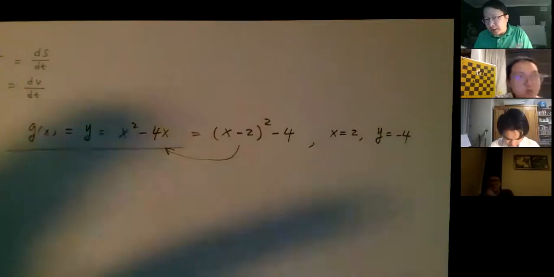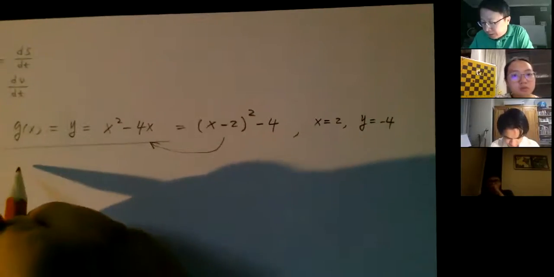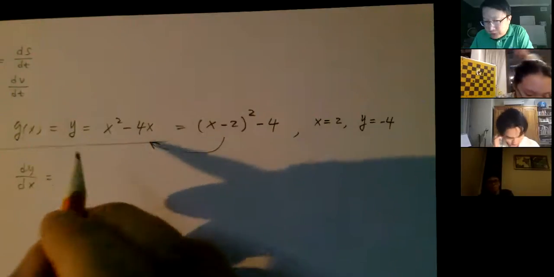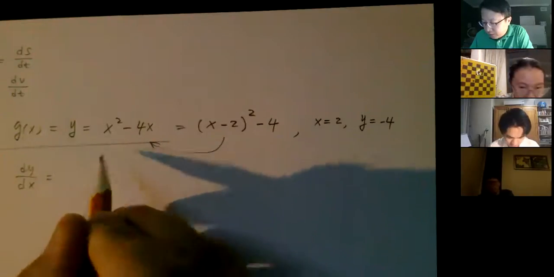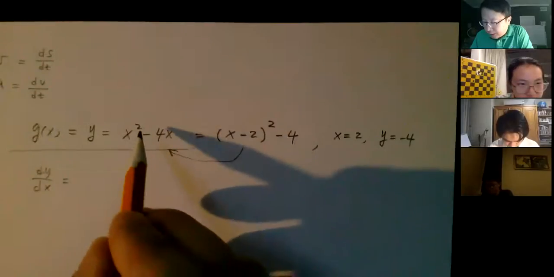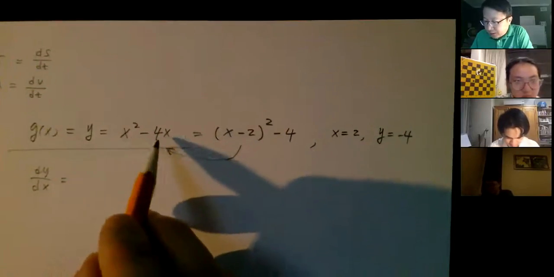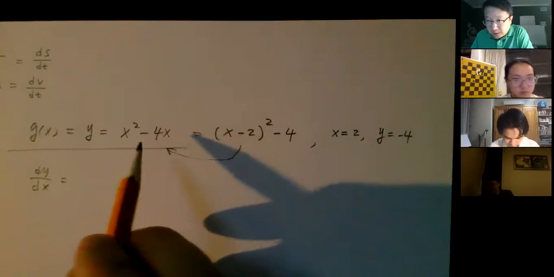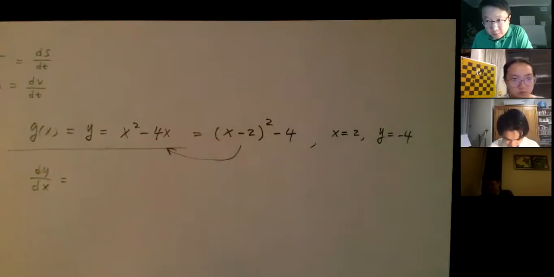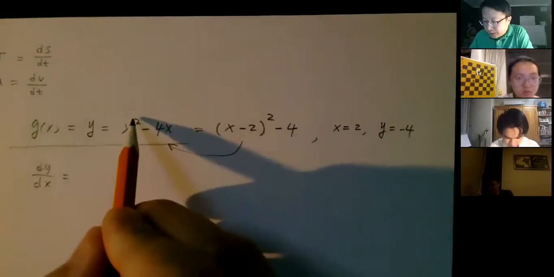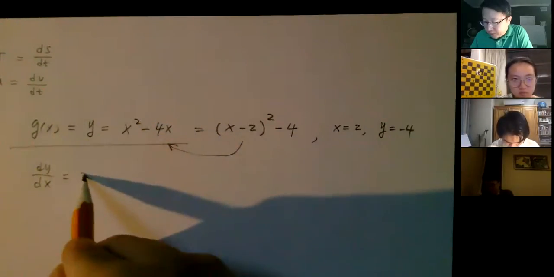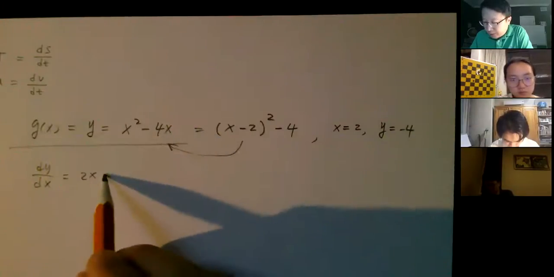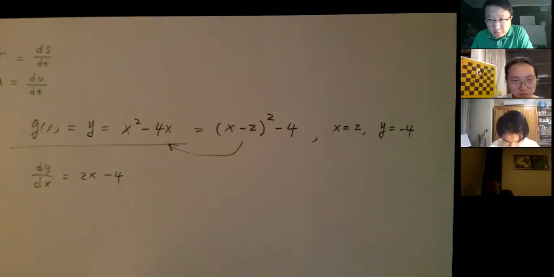Everybody try it. So here it is, simply dy/dx. We try to get the derivative of this whole function, because we can do the individual terms and then add or subtract them, just like the formula we just went through. What is the derivative of x squared? We know it's 2x. What is the derivative of minus 4x? It's just minus 4.